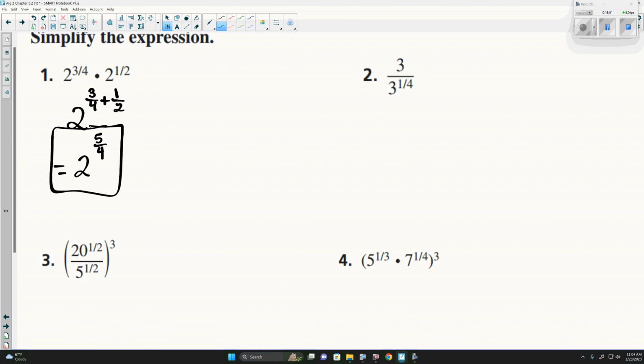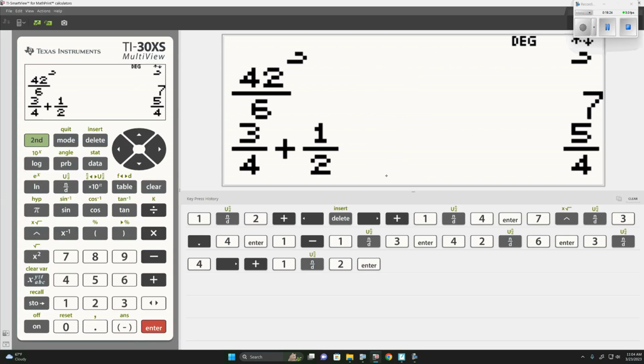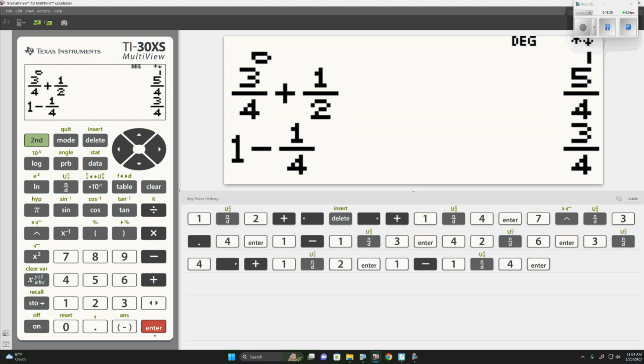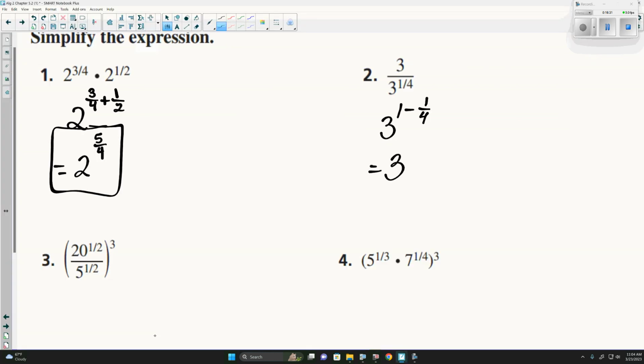For the next one, we have 3 over 3 to the 1/4. Since the bases are the same, we can subtract the exponents. So the exponent on top is 1, so we're going to do 1 minus 1/4, which is 3/4.